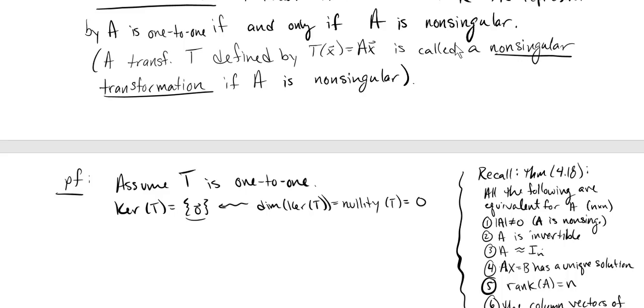But remember what we talked about in the last section, that the dimension of the kernel really tells us a lot about the dimension of the range, right? The dimension of the range plus the dimension of the kernel we said equals the dimension of the domain.